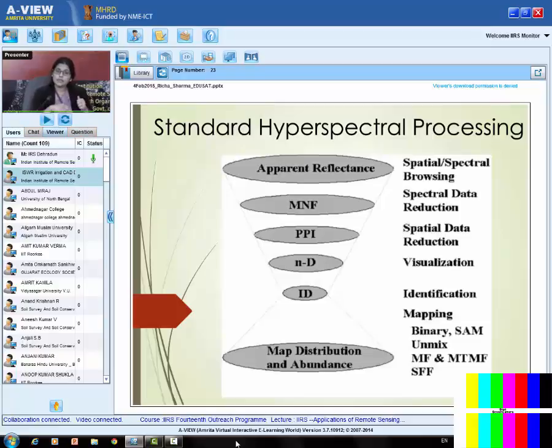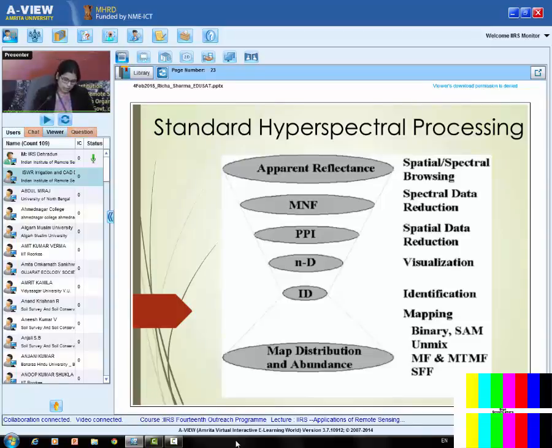And the third step is the PPI, that is the spatial data reduction. For that, we will try to identify pixels which are pure, so that we can identify the endmembers, and concentrate only on those pixels which have a very, very high probability of being a pure pixel.